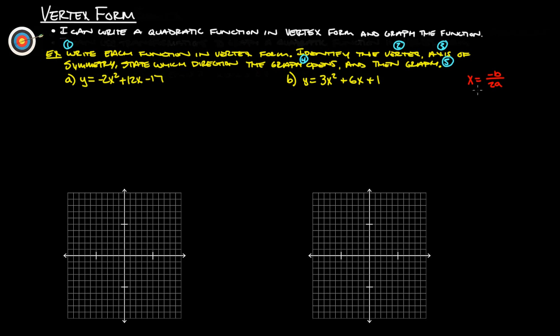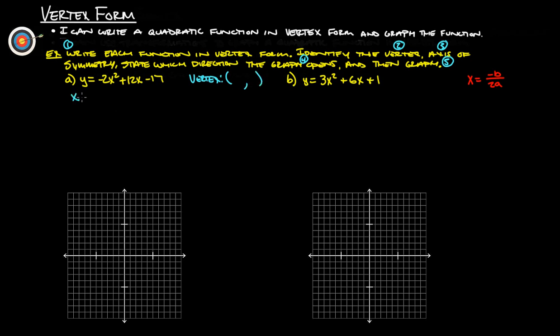So, if you'll remember from our previous page, to find the vertex, let's find the axis of symmetry, because the axis of symmetry, the x equals, is also the x-coordinate of the vertex. So let's do this. Vertex. Let's find what our x and our y is.